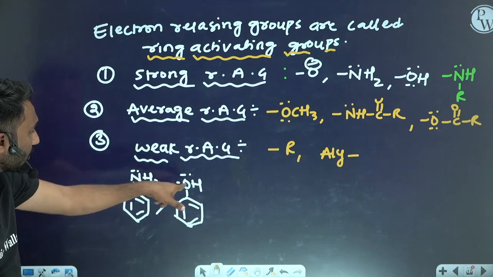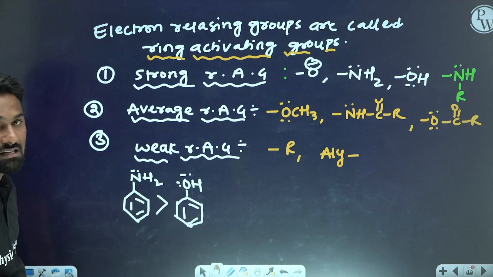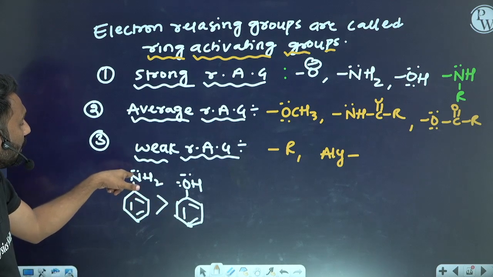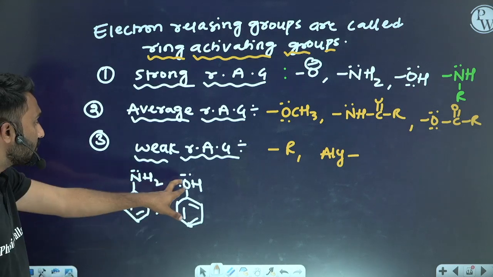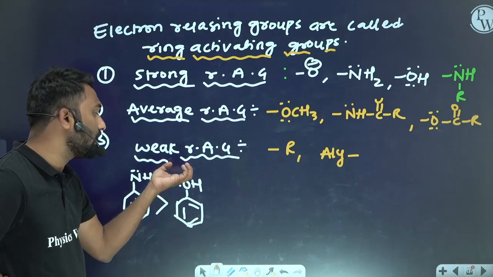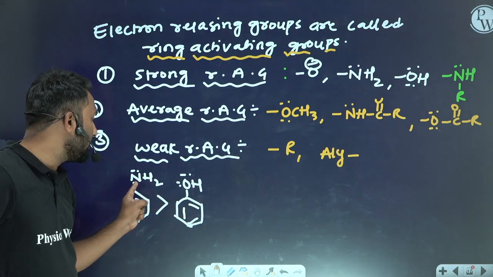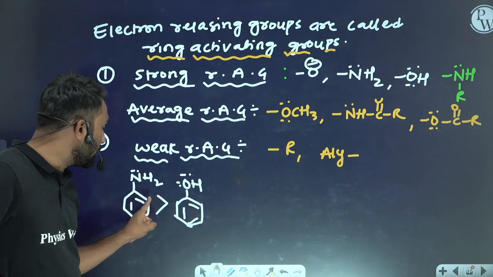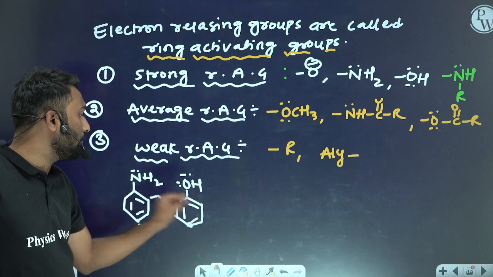Because between oxygen and nitrogen, nitrogen is less electronegative and it will release the lone pair of electrons very fast. Oxygen is more electronegative, so it will hold the lone pair of electrons tightly. Therefore, when compared to the OH, NH2 will increase the electron density at the ortho position and the para position very fast.